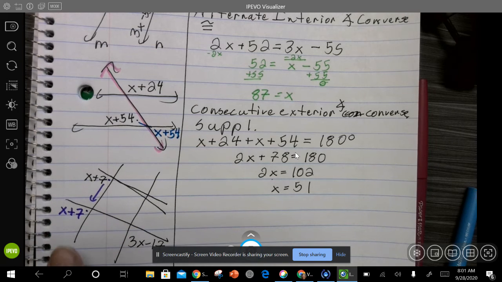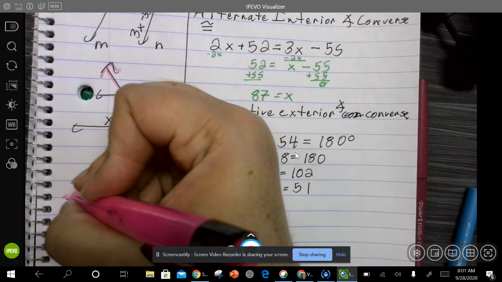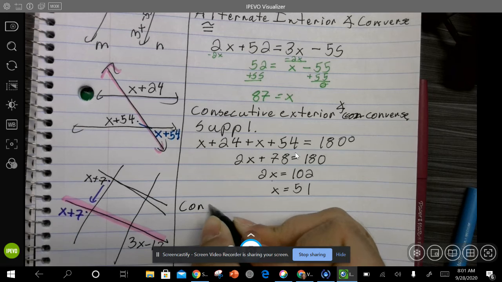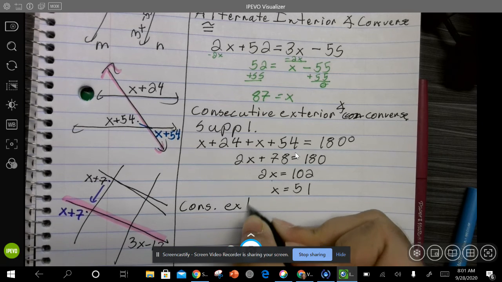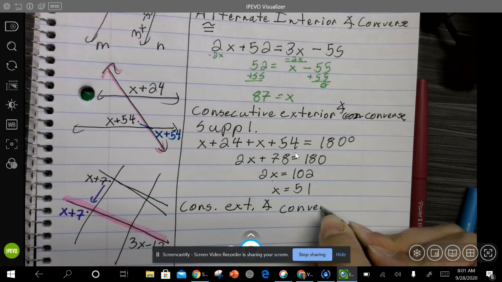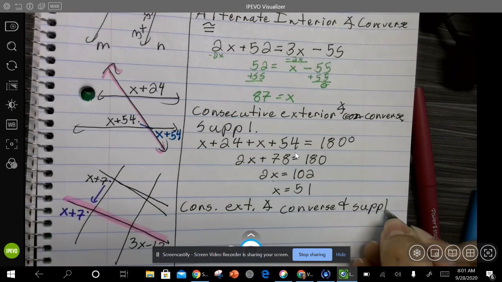So now they're on the same side of the transversal. So they're on the same side outside. So again, we can use our consecutive exterior angle converse. And we know that they're supplementary, so we just did that one.